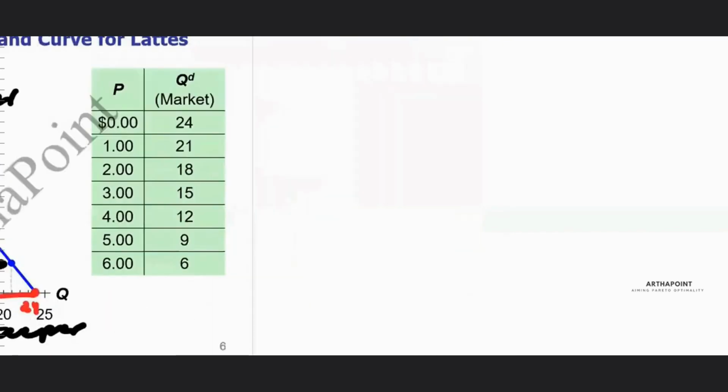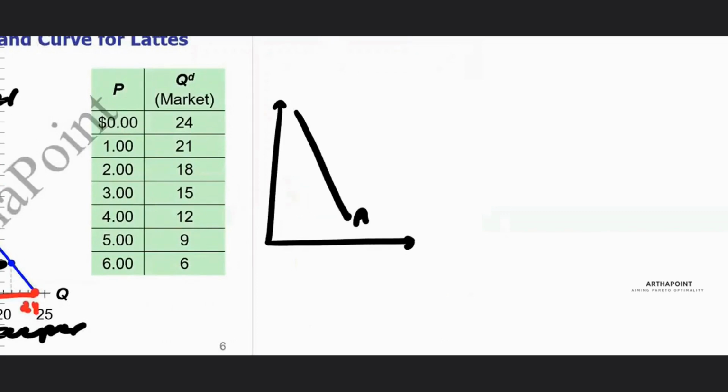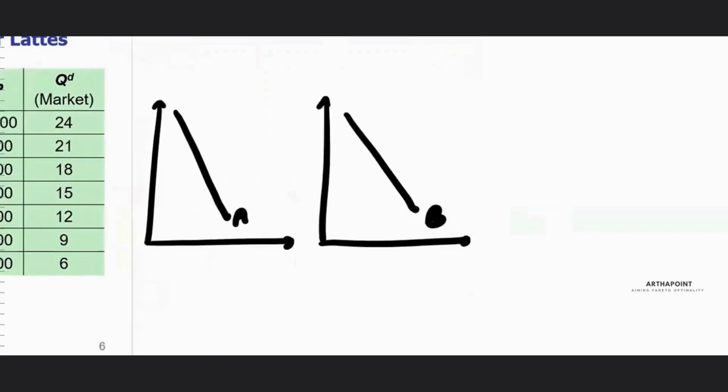So you can say that this is the demand curve of individual A and this is the demand curve of individual B. We pick any price, see how much A is demanding, see how much B is demanding.